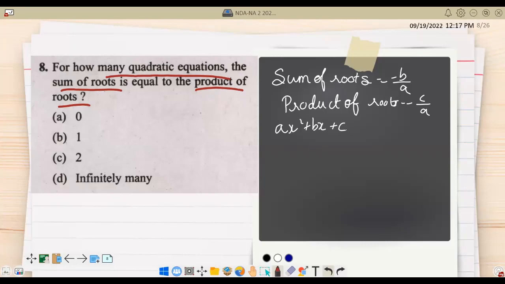In the question they have given that the sum of the roots is equal to the product of the roots. So these two are equal, so it is minus b by a equal to c by a.